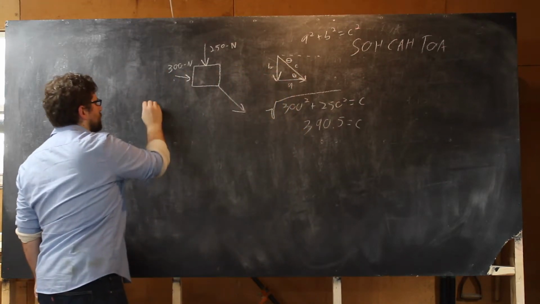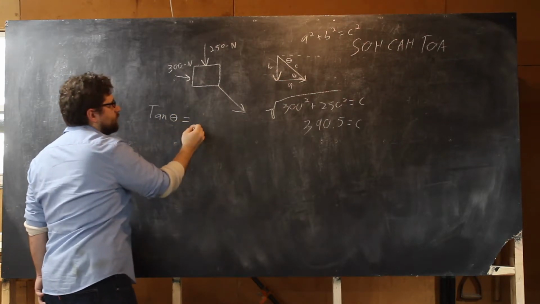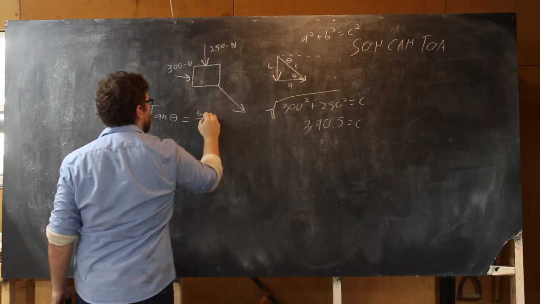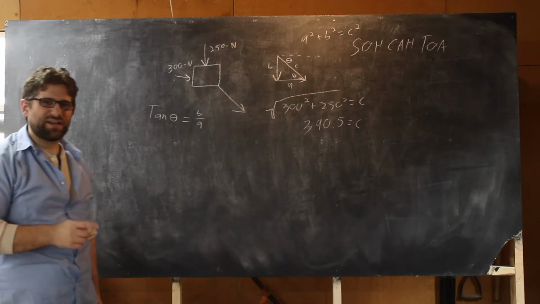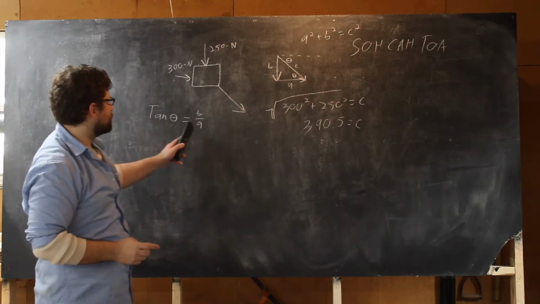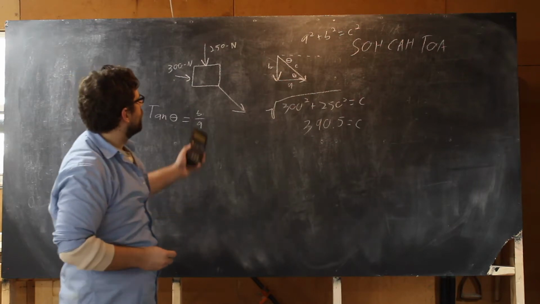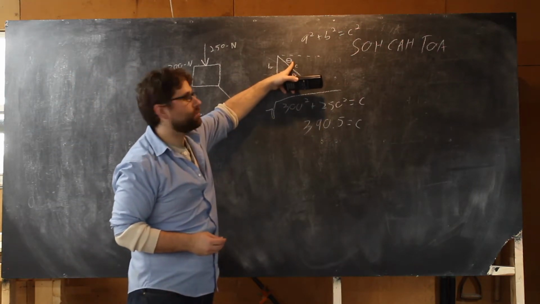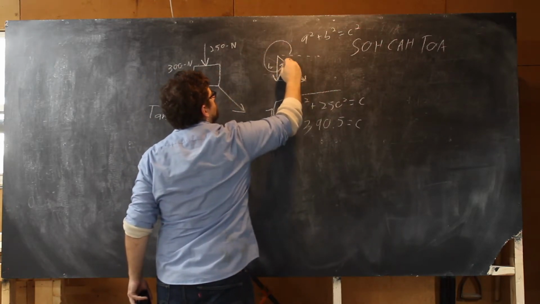So that's going to be tan theta is equal to B over A. And the reason I'm doing this is because when we do get into our vectors unit, we're going to be using this function a lot. And we're going to end up calculating this angle in a coordinate system based on this being 0 and going all the way around.